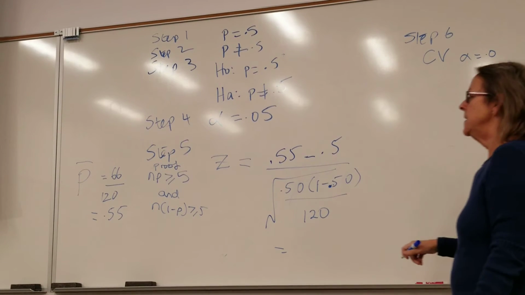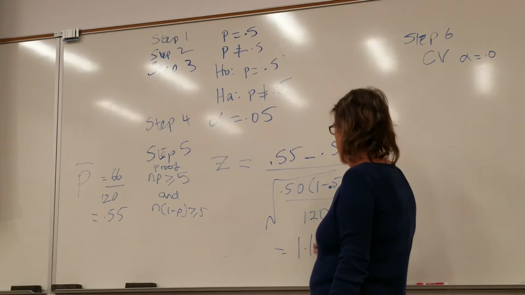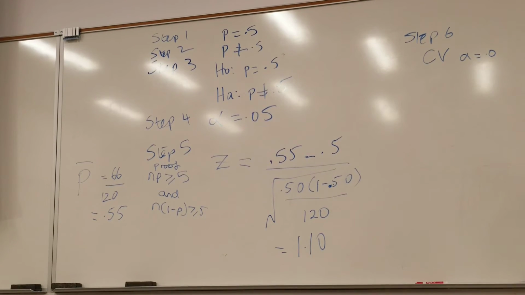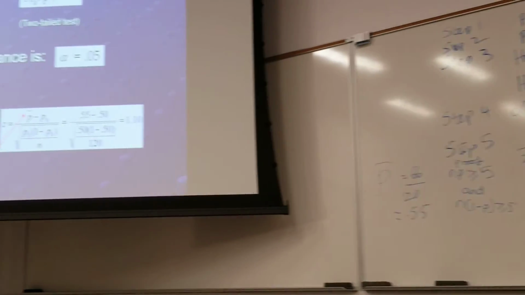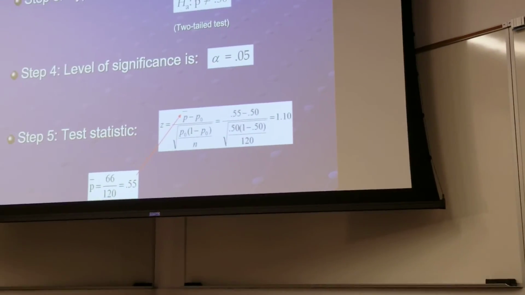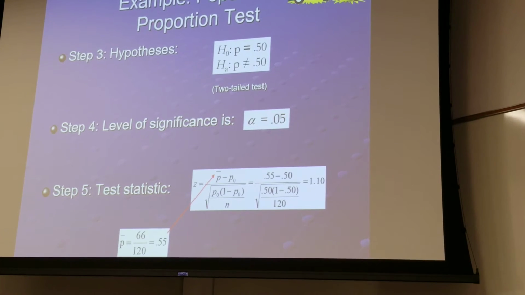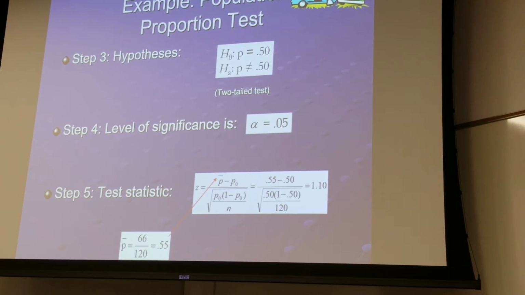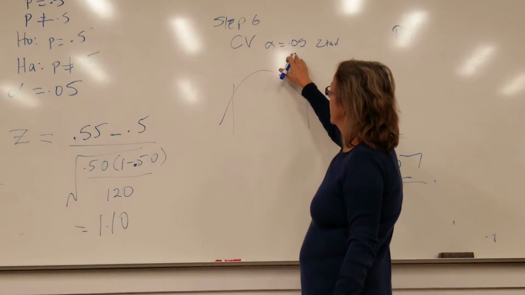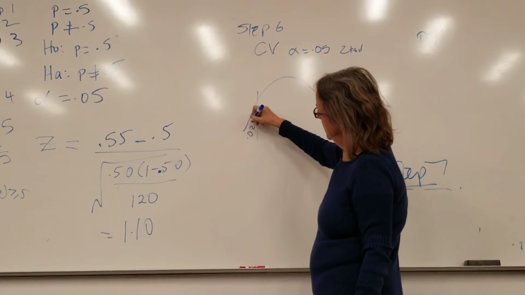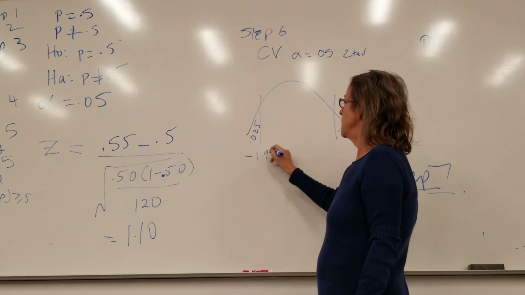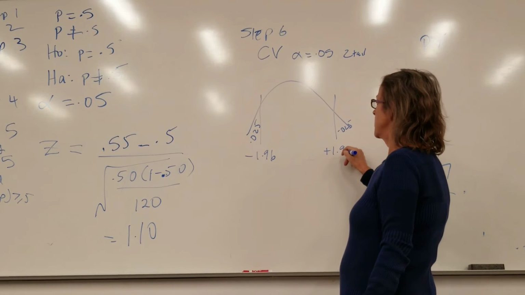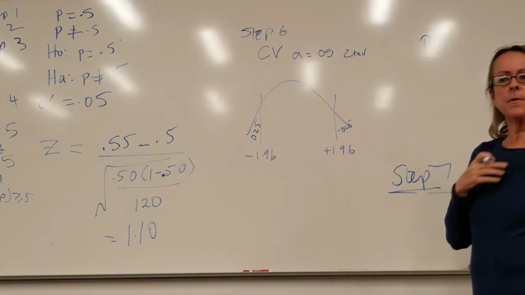That gives you a z-score of 1.1. Your critical values: it's a two-tailed test, alpha's 0.05, so you split it between the two tails and you will look it up and see that your critical z-scores are plus and minus 1.96.